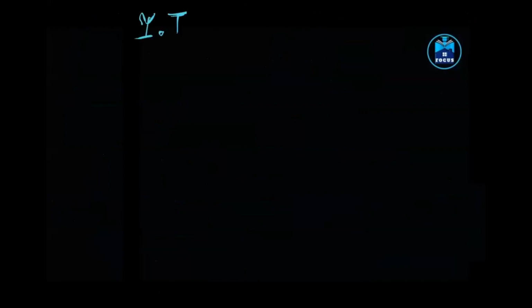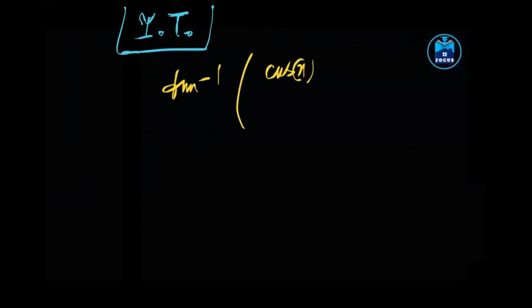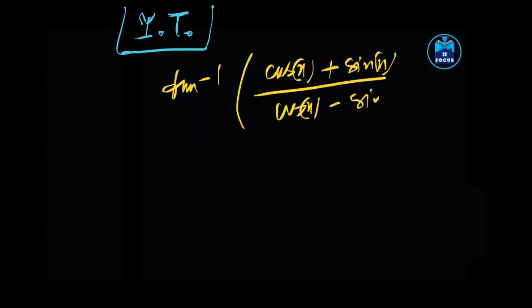If it is, I'm going to still show one more question from inverse trigonometry, which can easily be solved by using this concept. In inverse trigonometry, there is a question which looks like tan inverse of (cos x plus sin x) by (cos x minus sin x). The question is there in inverse trigonometry.